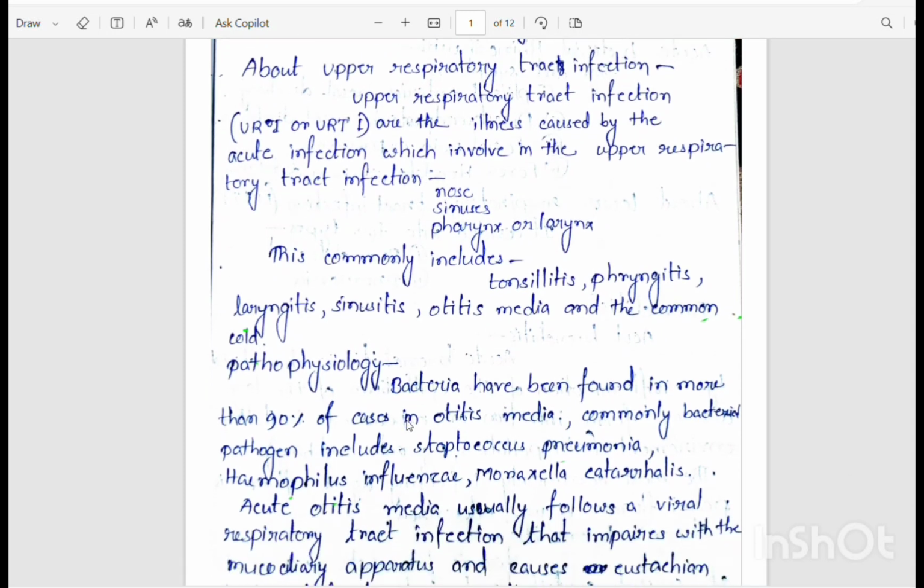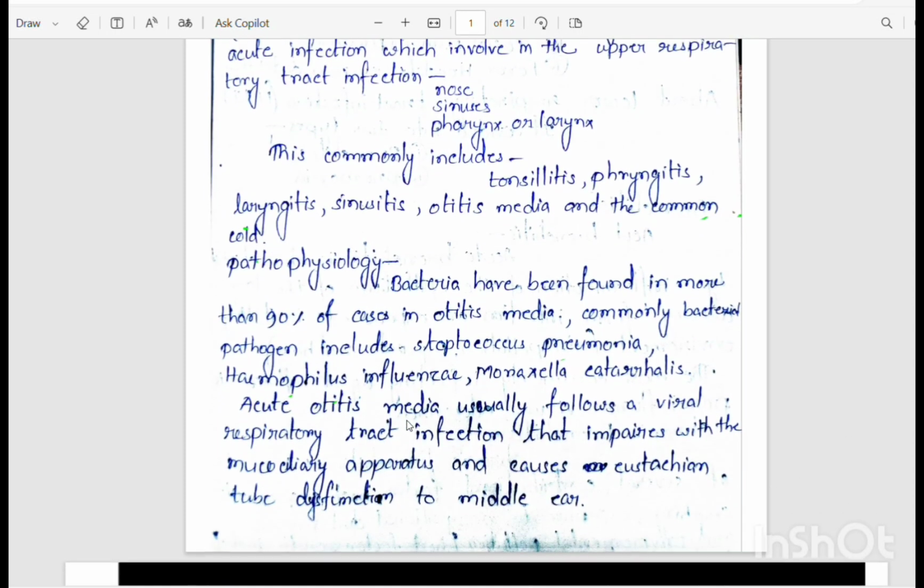Then we will move to the pathophysiology of respiratory tract infection. Bacteria have been found in more than 90% of cases of otitis media. Commonly the bacterial pathogens include Streptococcus pneumoniae, Haemophilus influenzae and Moraxella catarrhalis.